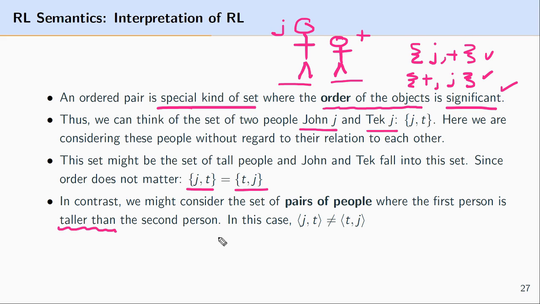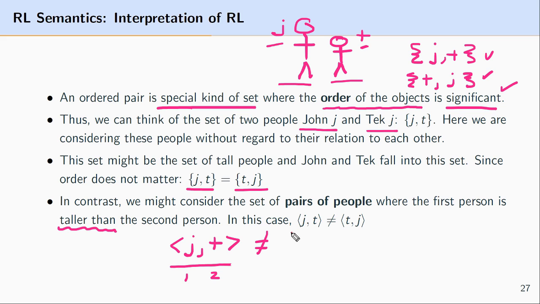We can think of a set where there are two individuals, and the first individual is taller than the second individual. When we look at John and Tech, we see that John is taller than Tech. We want to be able to express this, so we write j, the first individual, is taller than the second individual. We express this relationship that John and Tech have in terms of each other as an ordered pair: the first individual is taller than the second individual.